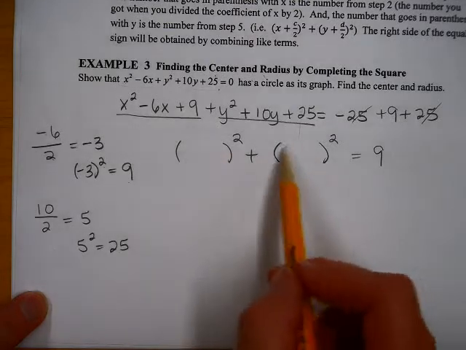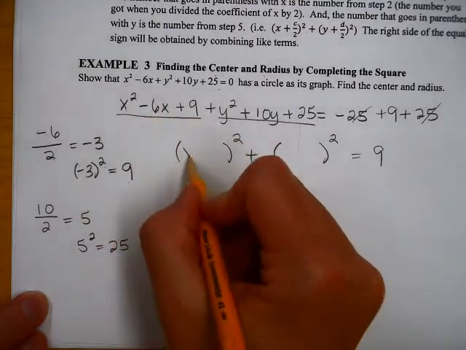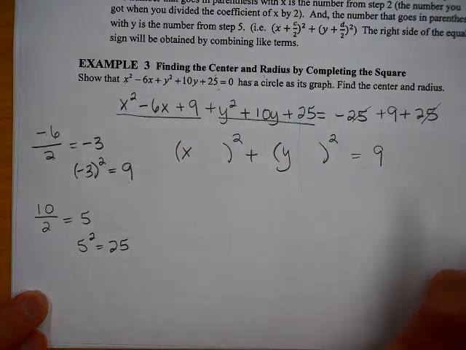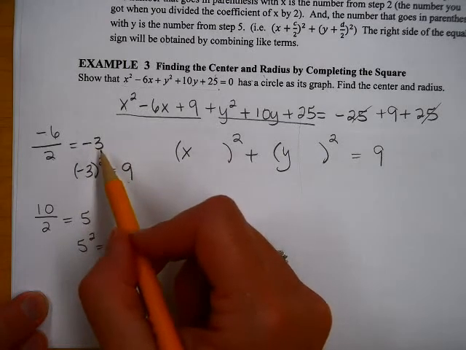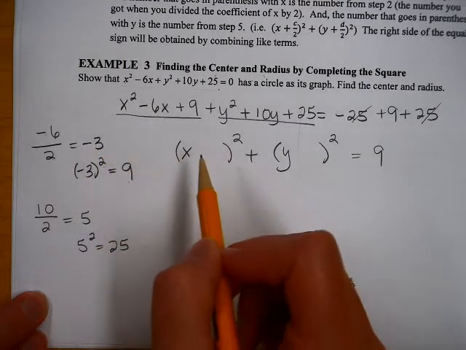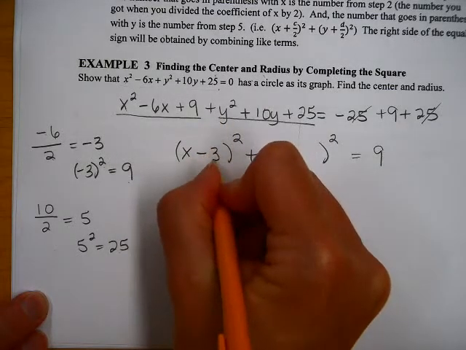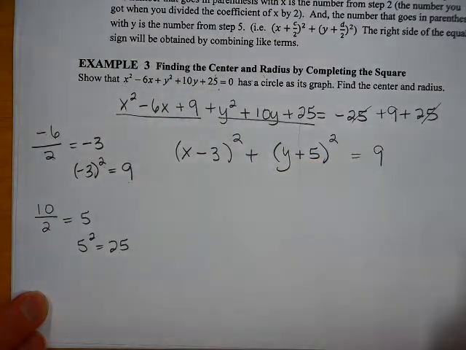But we need to figure out what goes in these parentheses. Well, obviously x is going to go in this parentheses, y is going to go in this parentheses. The number you got when you divided by 2, that's the number that goes in the parentheses. So this is x minus 3, x plus 5.